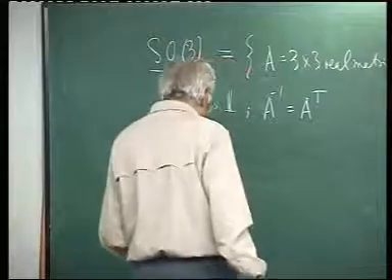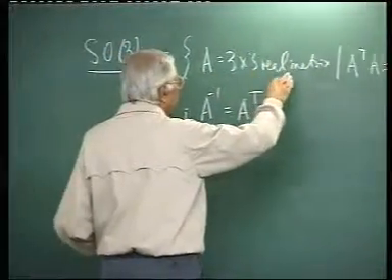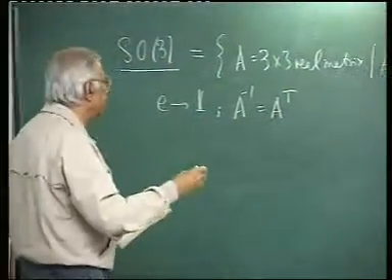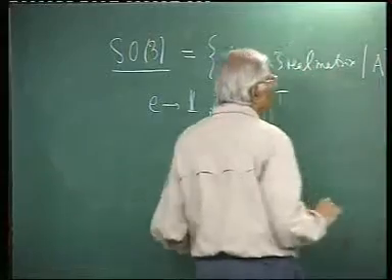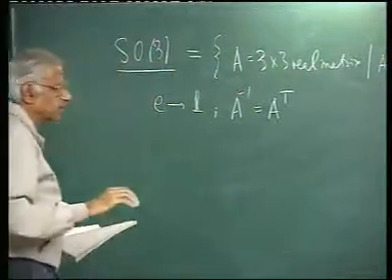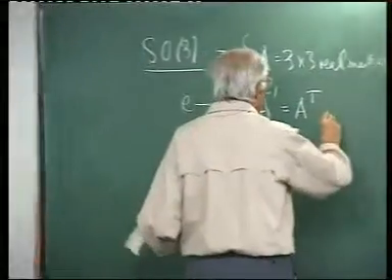You all know that if you start with a 3 by 3 real matrix which has 9 matrix elements, and then you ask how many independent conditions have we put on the 9 matrix elements, I'm sure you have seen they amount to 6 independent conditions.